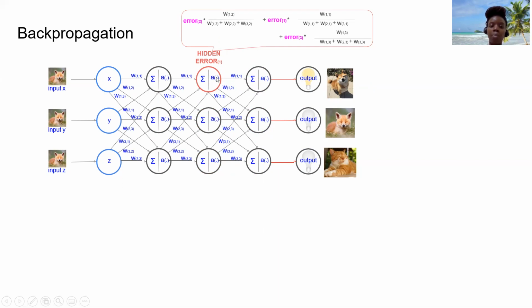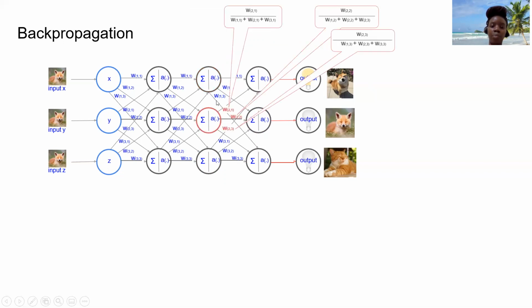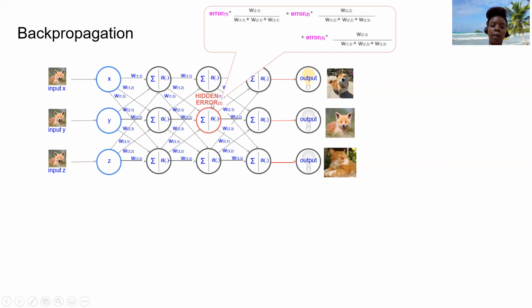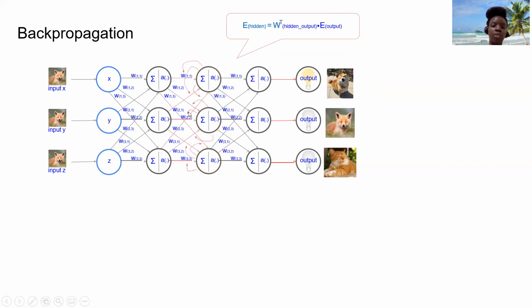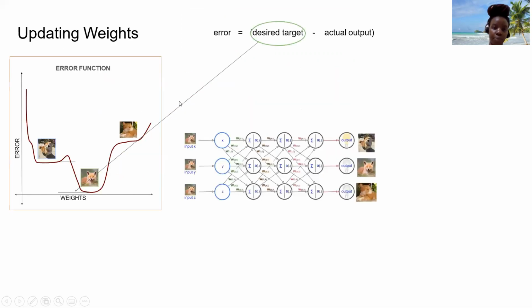So this now becomes the hidden error: the summation of each weighted error, multiplied by the error that we computed in the previous layer. This is repeated for each node in this layer, and the process is then repeated to compute the errors of the previous hidden layer, the same process, up until we get to the input.